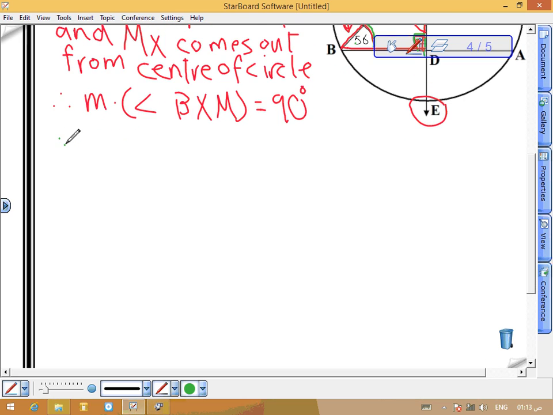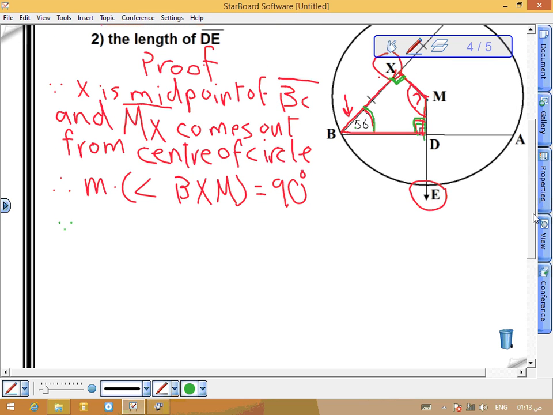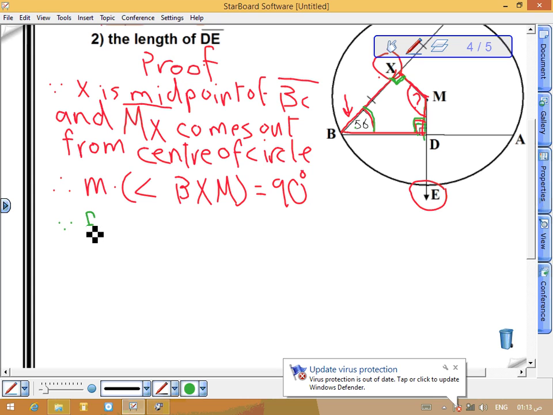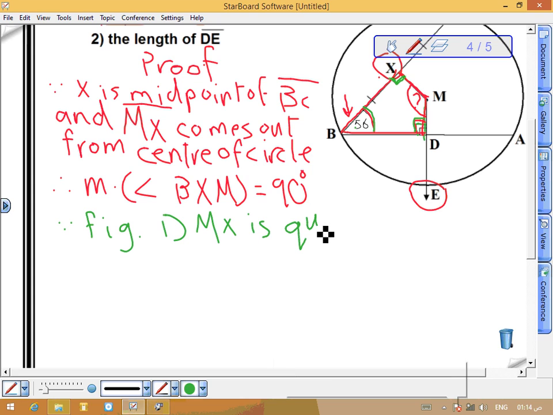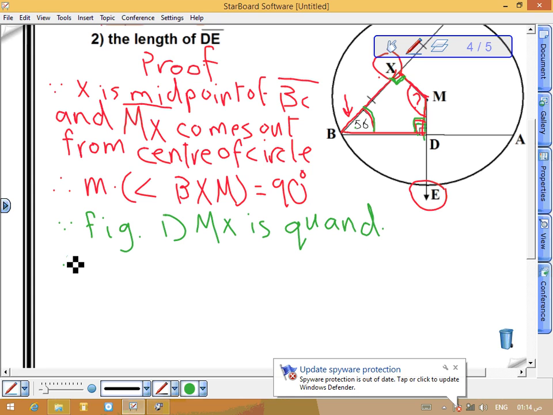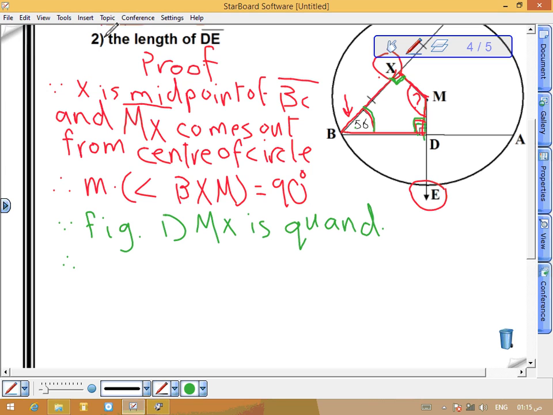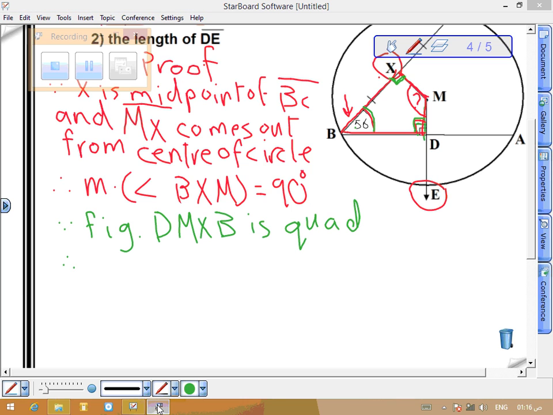Since the figure DMXB is a quadrilateral, we know that all the angles of the quadrilateral, the sum of these angles equals 360.